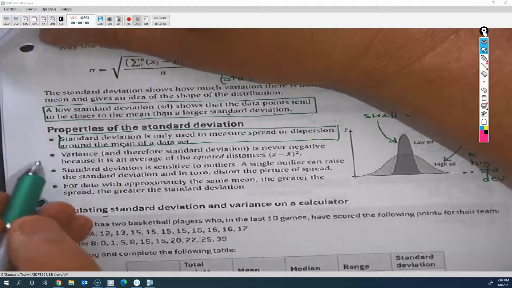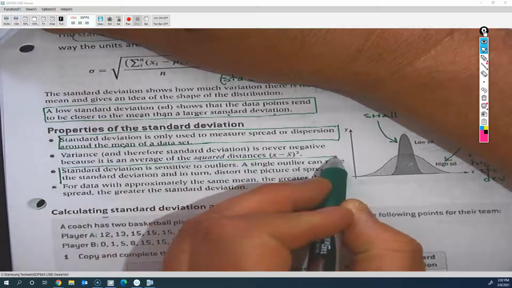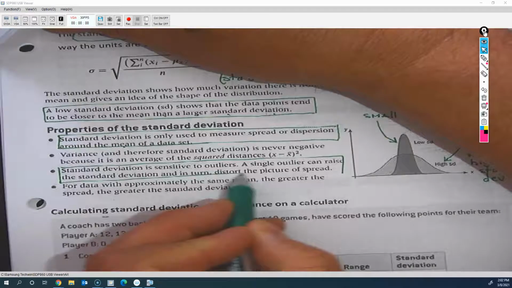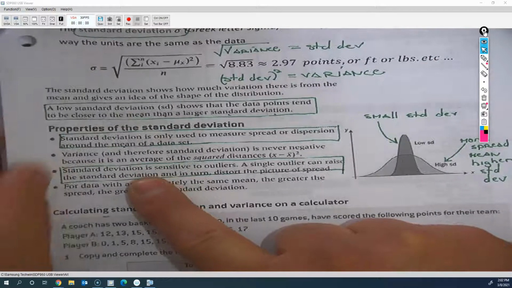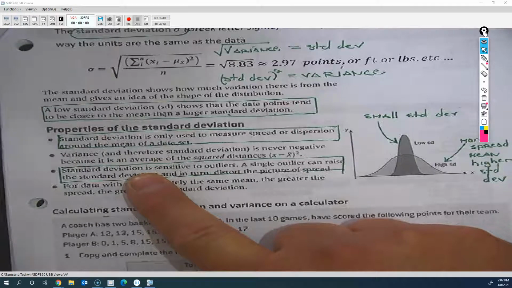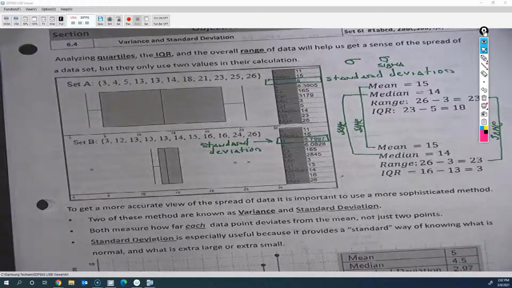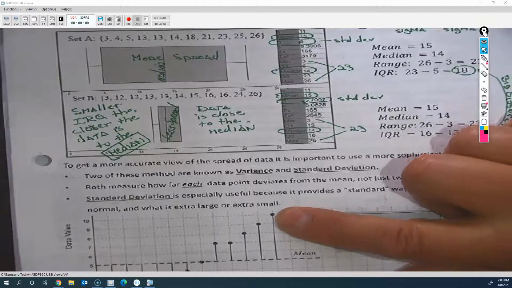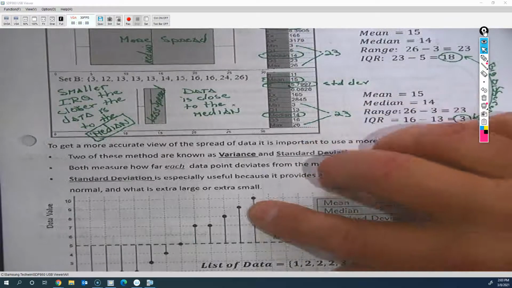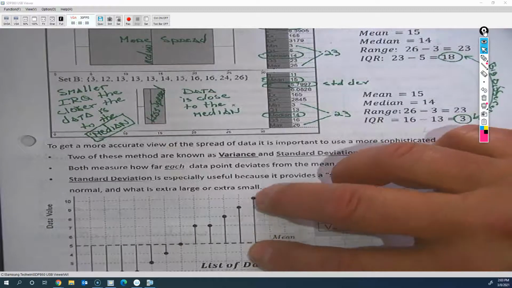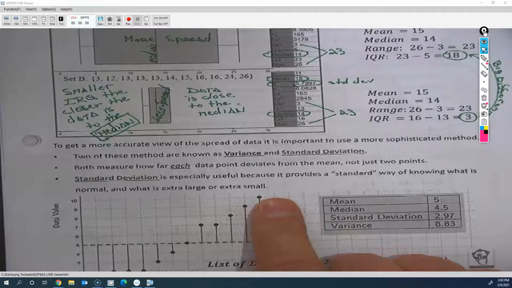Now, the last two that are important: standard deviation is susceptible to really big numbers and really small numbers. So when you have a number that's really far away from the mean, like 10, 10 is 5 places from the mean. Well, look what happens when you square it. This becomes 25, which is really going to affect your average.